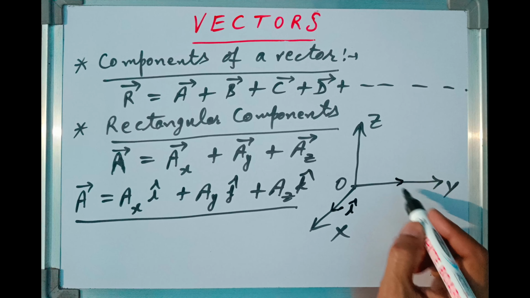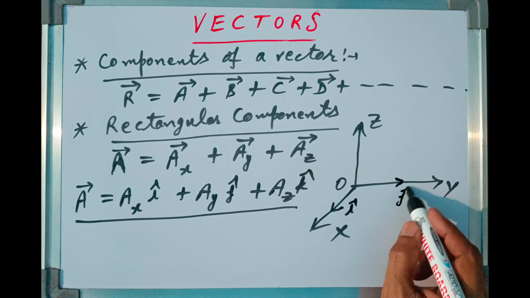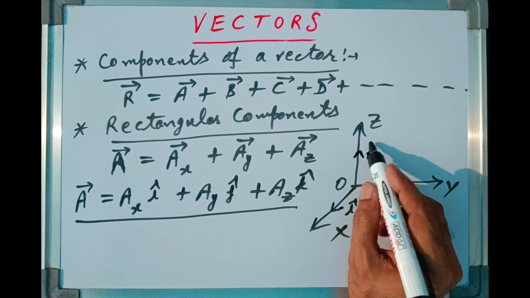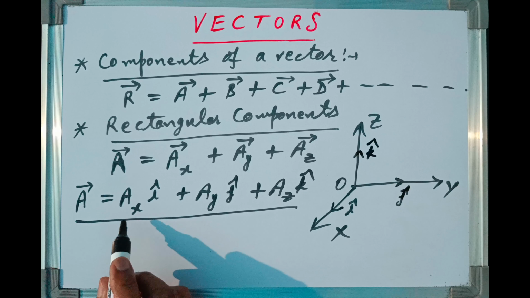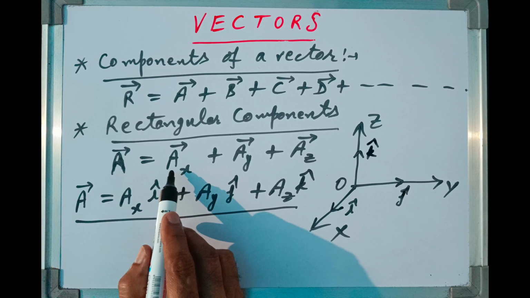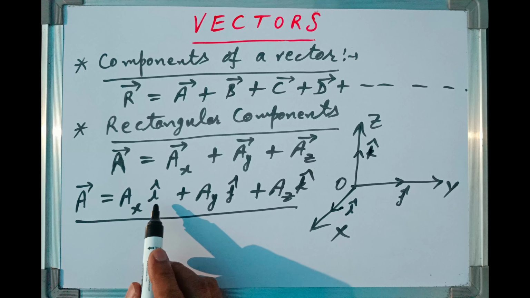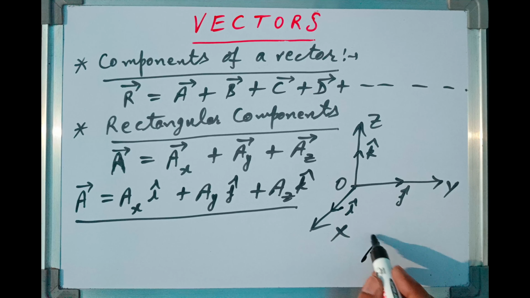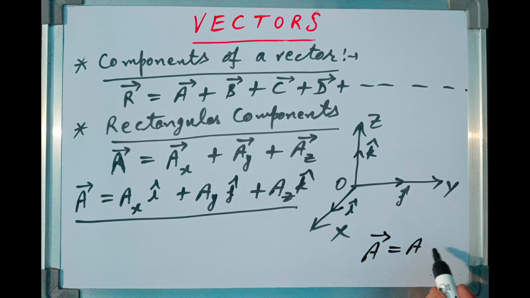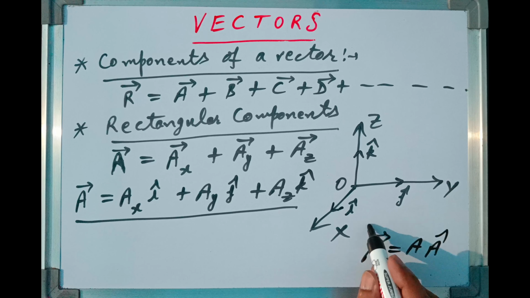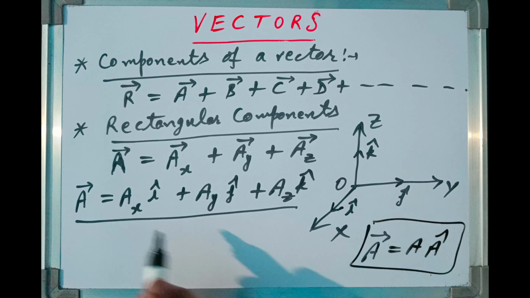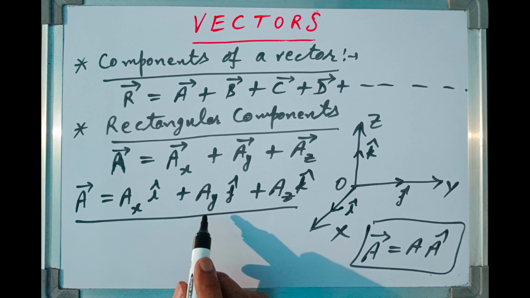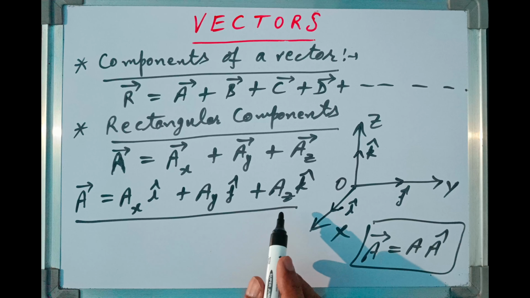Unit vector along y-axis is denoted by j cap, and unit vector along z-axis is denoted by k cap. So Ax is magnitude of Ax vector into its unit vector i cap. As I have earlier told, any vector is equal to its magnitude multiplied by its unit vector. I have used this definition in writing the values of all these 3 components, Ay into j cap plus Az into k cap.